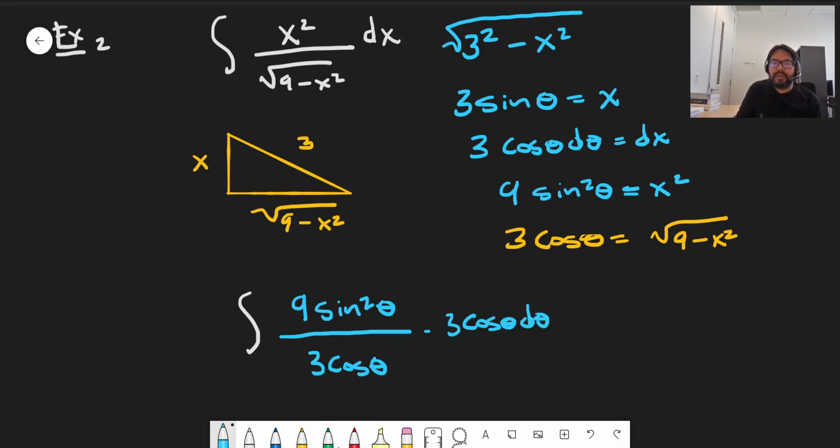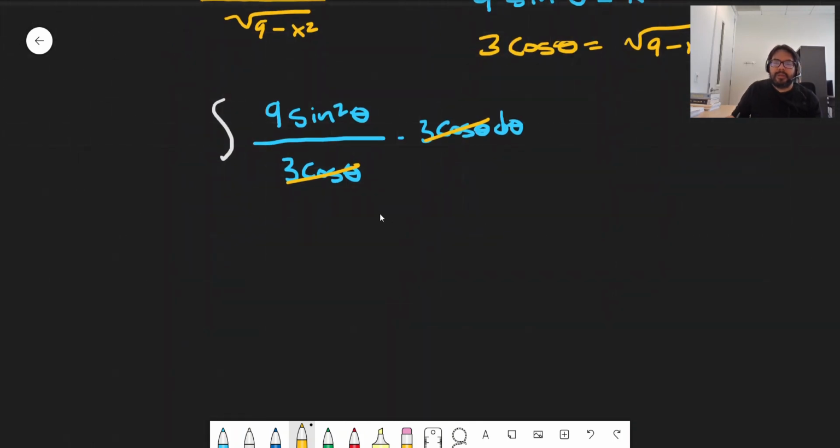Now notice that the 3 cosine thetas cancel out, and you're left with 9 sine squared theta. So in any case, that means that the integral is now reduced to the integral of sine squared theta d theta.